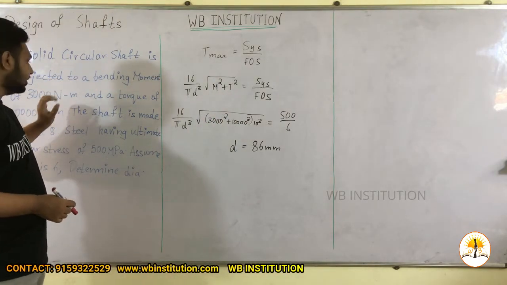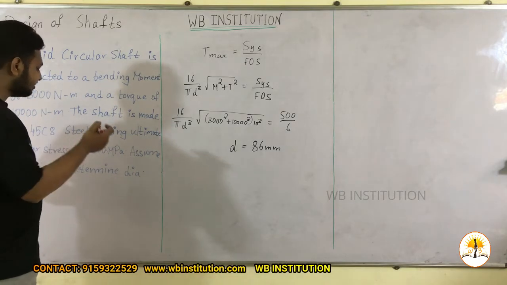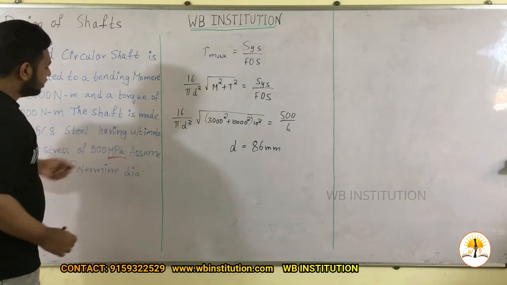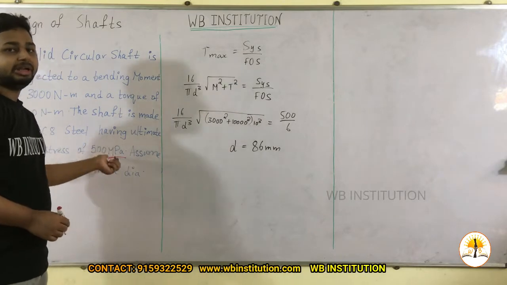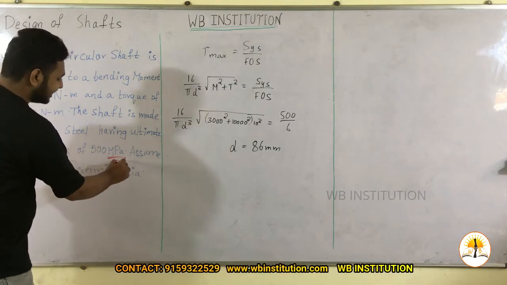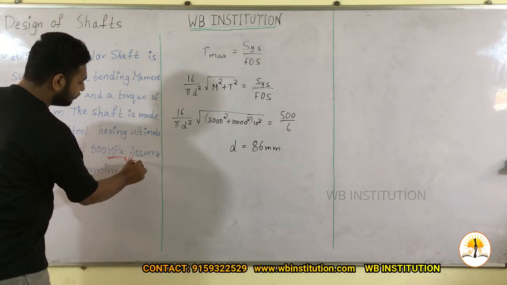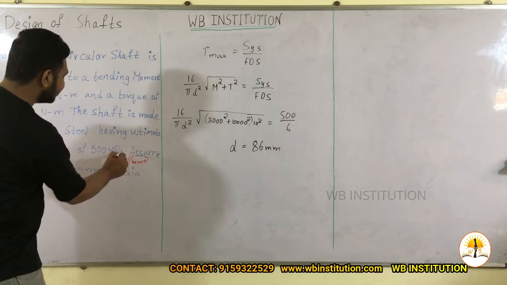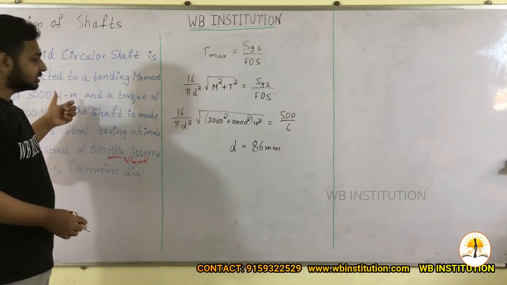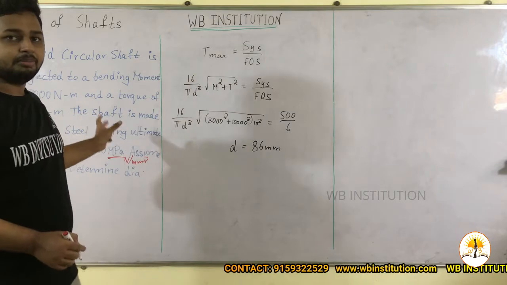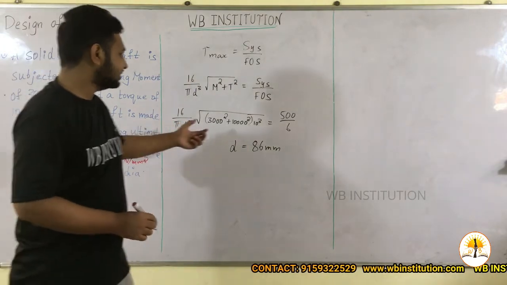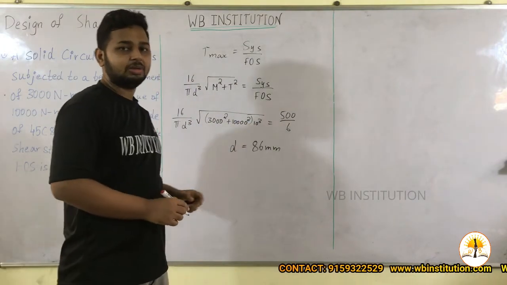We have to convert into mm, or we have to convert this in terms of meter square. So this is nothing but Newton per mm square. So either we convert this or we convert that. I have taken the conversion for bending moment and torque, that is 10 cube, equal to 500 divided by 6.